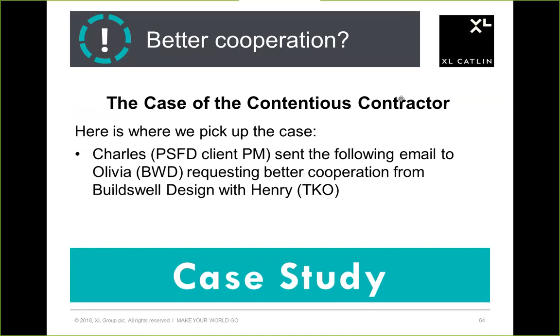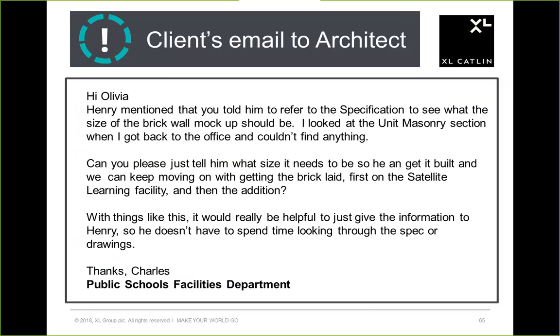And so the email that I'm going to show you was sent by Charles, the contractor, to Olivia, the project manager. And I'm sorry, this is an email that is sent from the client, the school district, to Olivia. And in this email, the client is saying, look, the contractor's reached out to me.